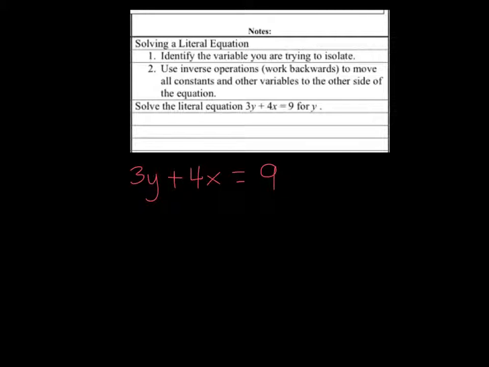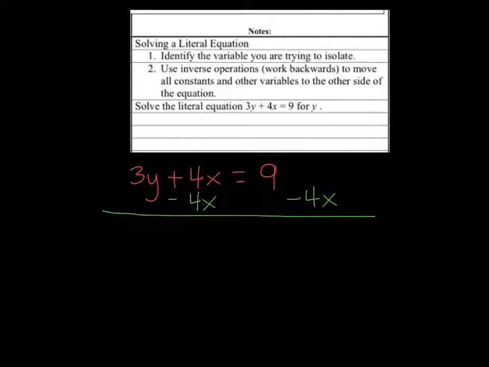So just like with regular equations, if possible, we want to try to do as few steps as possible. So we have this plus 4x right here, and the opposite of adding 4x would be to subtract. So I'm going to subtract 4x from both sides in order to get y by itself.